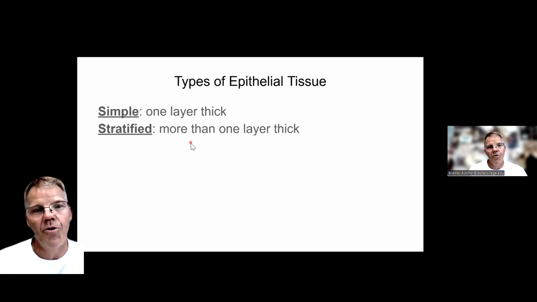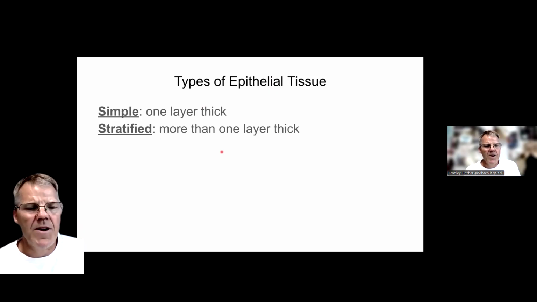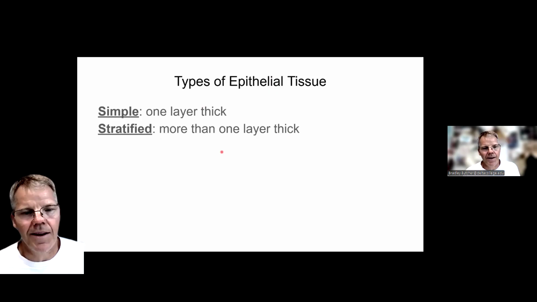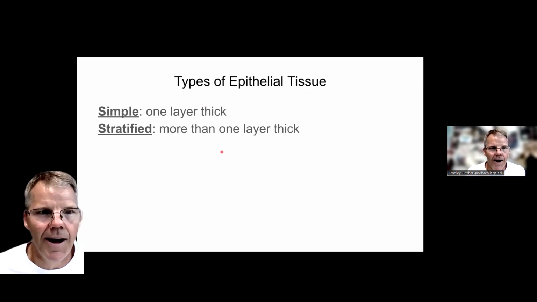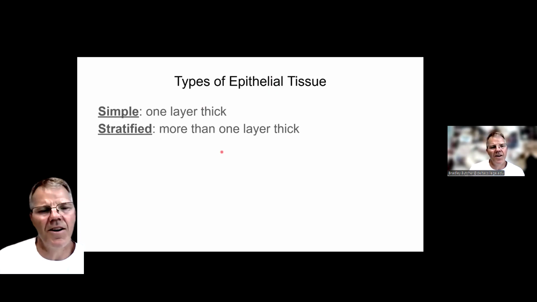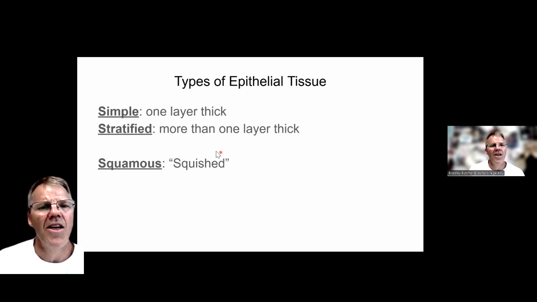Epithelial tissue is also characterized by its shape. And so when we look at cells through a microscope, I kind of imagine a researcher. I don't know why, but I'm going to give him kind of a surfer attitude. It's like looking through these cells, and he's like, "Hey, this one looks squished. Let's call it a squish cell."